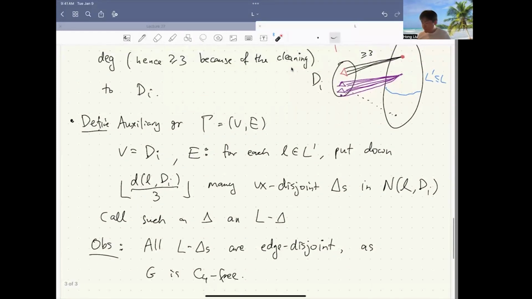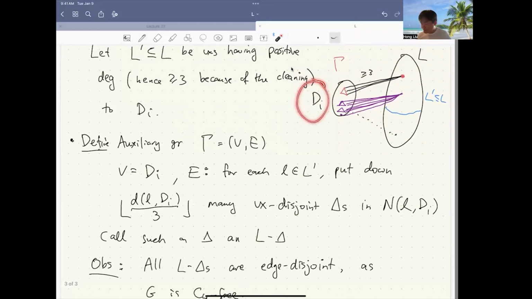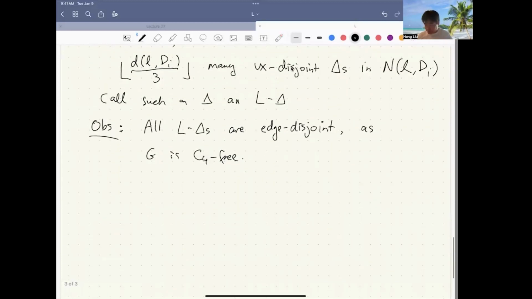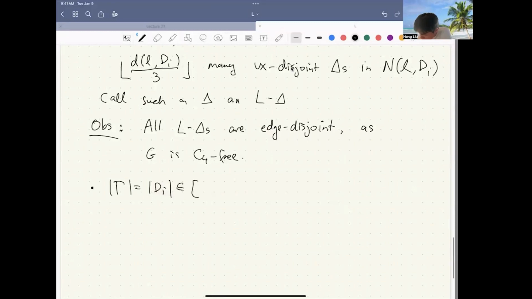First, let's see the order of the graph, DI. The order of the graph gamma, which is on the vertex set DI, has size, up to a factor of 2, remember the size is between n over r and 2n over r.